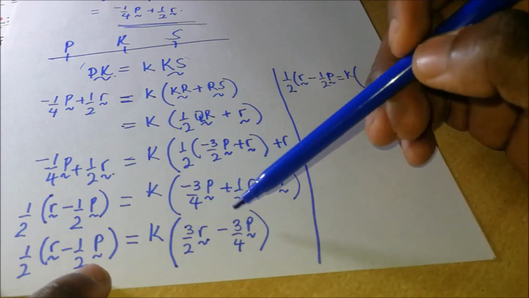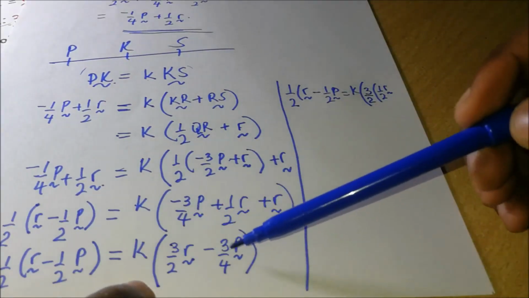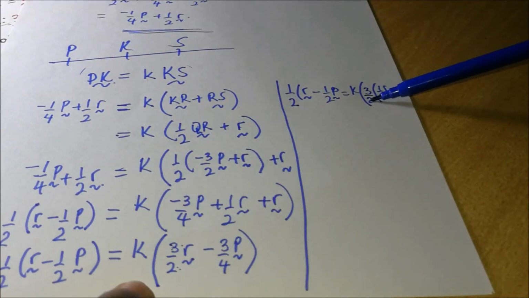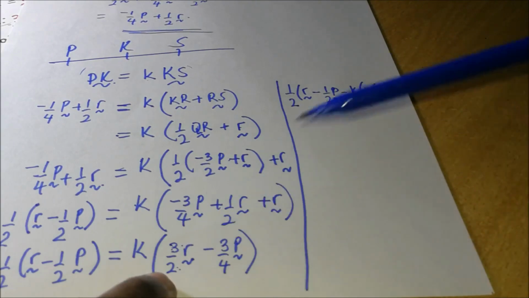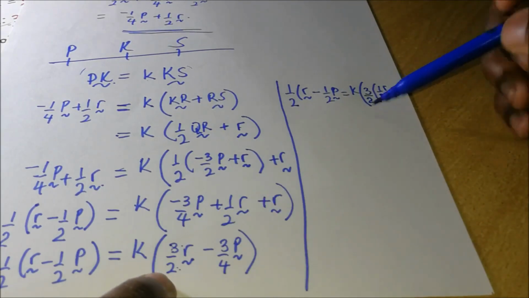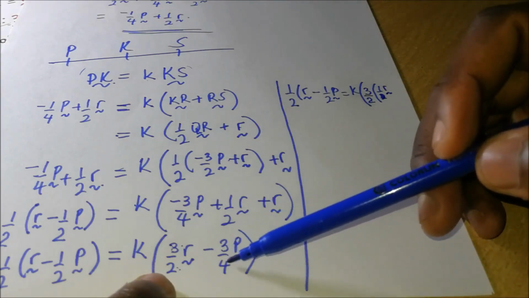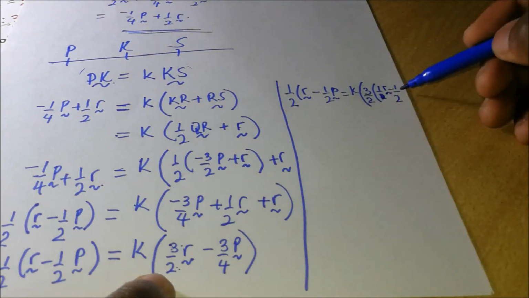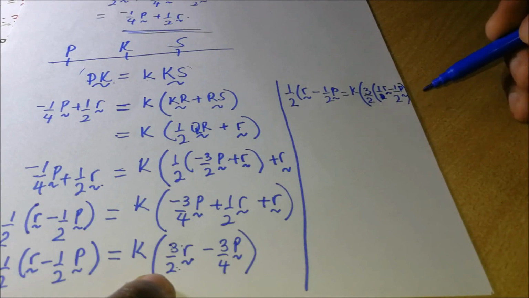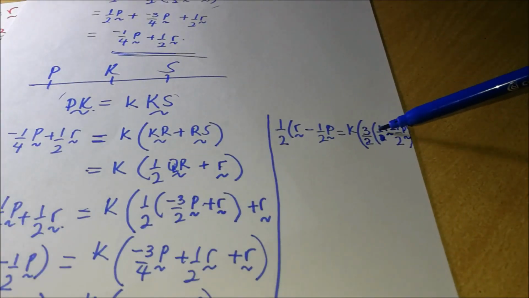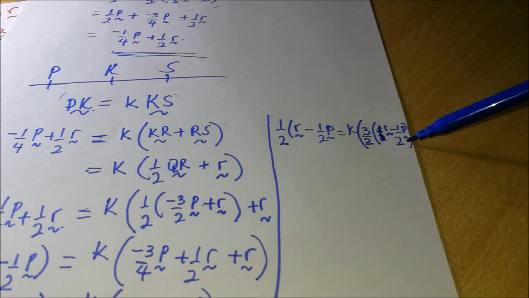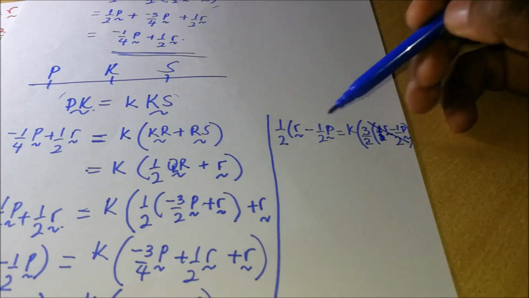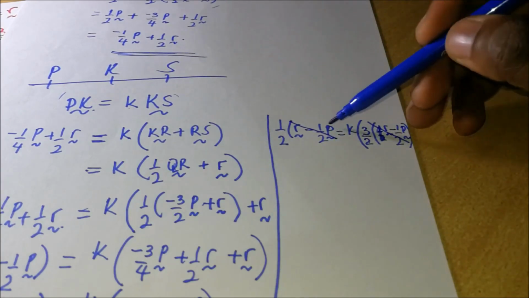Factorizing this out is going to give us k into, we factorize this out, remove 3 over 2 outside the brackets. We put 3 over 2 outside the brackets here. Into 3 over 2, divided that here, we only remain with R, then minus 1 over 2 P. So realize that in the brackets here we have R minus 1 over 2 P. Even here we have R minus 1 over 2 P. So they cancel out.